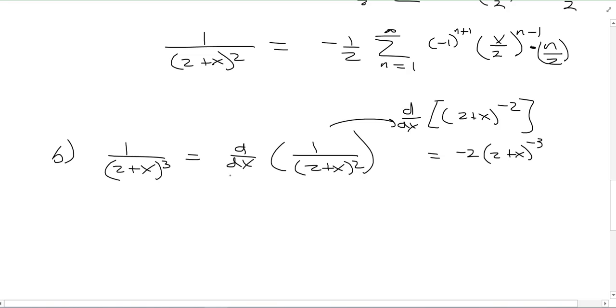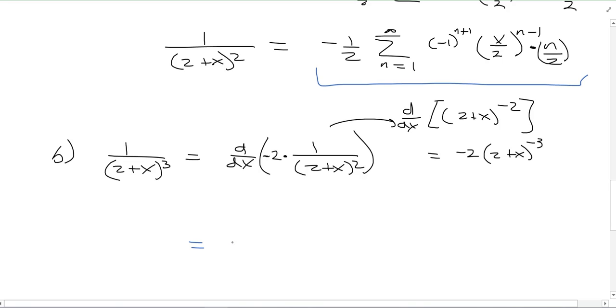So now I'm going to say, okay, this is actually not quite true, because the derivative of this has a minus 2, whereas this doesn't. So then my function in part B is minus 2 times the derivative of this function. Now that I have from part A the power series for this function, I can do the same thing that I did up there.